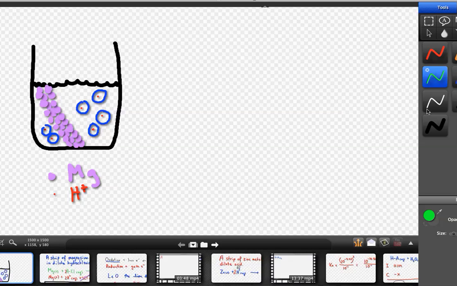And of course, Cl minus, and the Cl minus will also be surrounded by water.